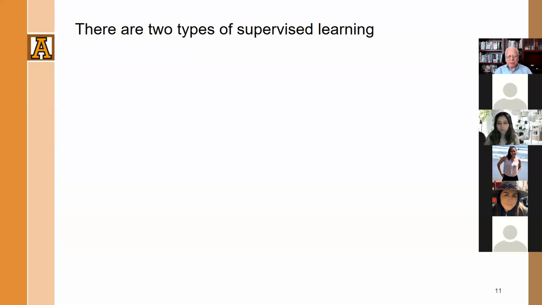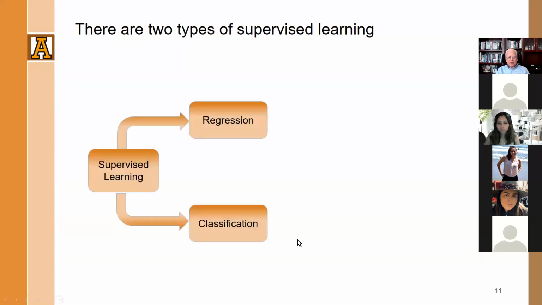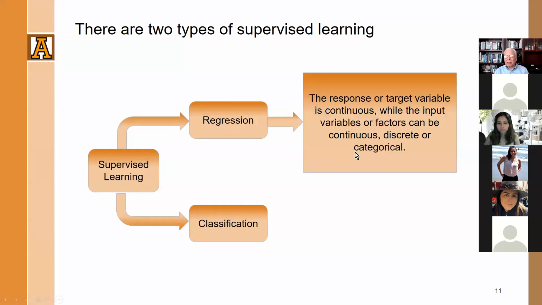There are two types of supervised learning. One is regression, and for those of you who have taken regression analysis, regression is when your response or target variable is continuous. For example, you want to relate height with weight. In regression, your response is y equals beta null plus beta 1 x plus epsilon.